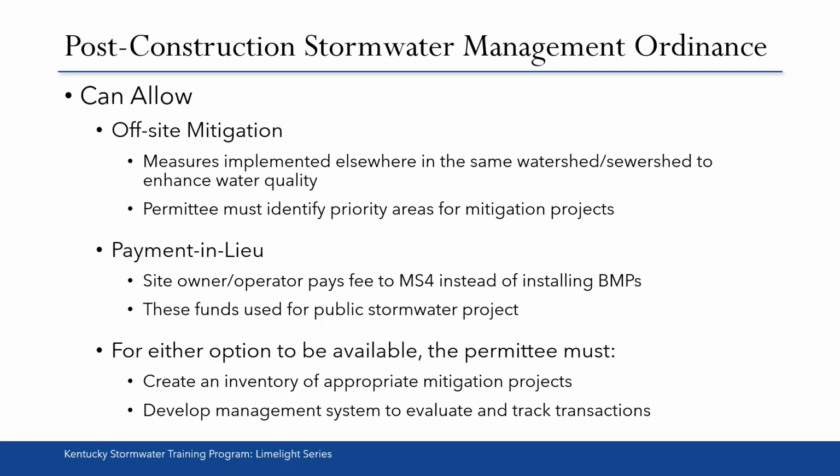Regional basins, like we'll hear from the city of Radcliff here in a little while, is a big way that people go this route. And then as the permittee, if you're going to allow offsite mitigation, you have to identify priority areas for mitigation projects. You can't just leave it up to the site owner or operator to decide where they want to do their offsite mitigation. You have to point them to a specific project.